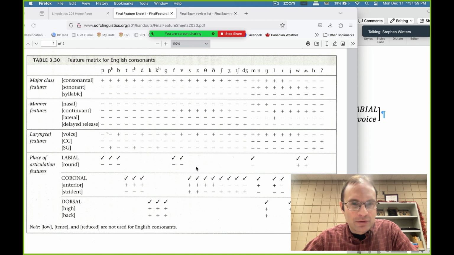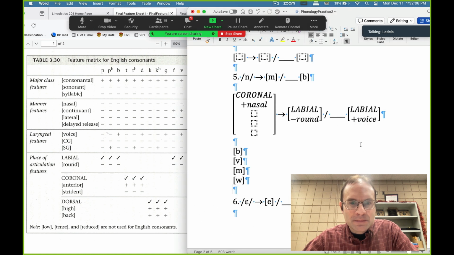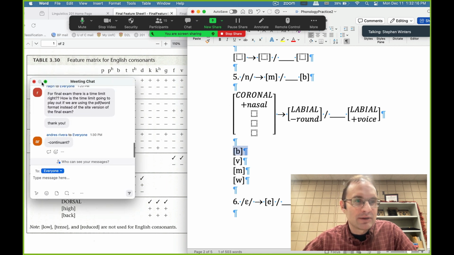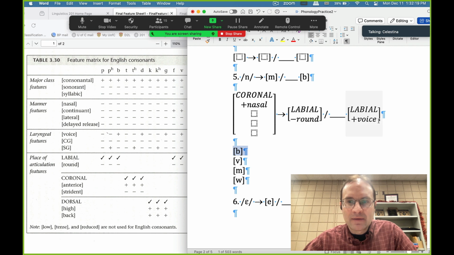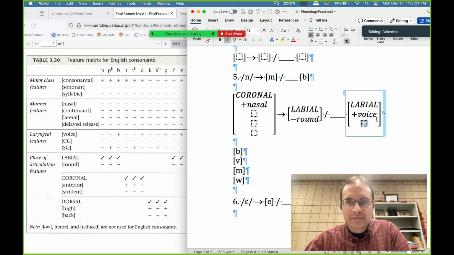And a lot of these, those 4 will look similar, but not all. Sorry, what letters do we have left again? We got the B, we got the V, we got the M and the W. How is this one at the top special? Somebody threw something. Minus continuant. If you're saying negative sonorant, then I guess it approves them.